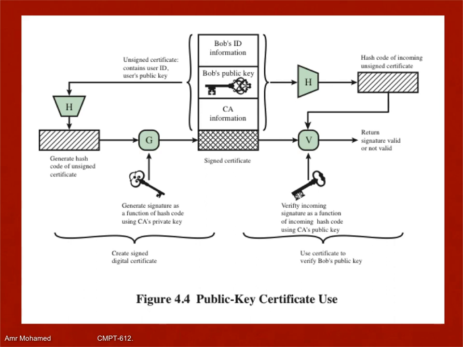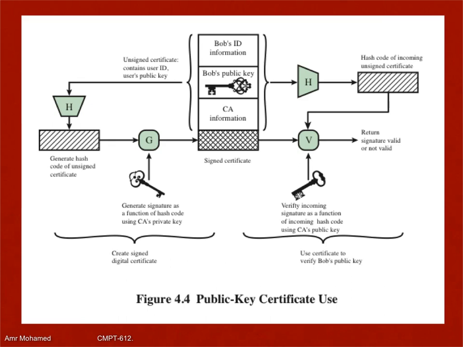Then if this goes to Bob or any other user, it should be trusted. Why? Anyone would have the public key of the certificate authority, and we'll talk about this in details.